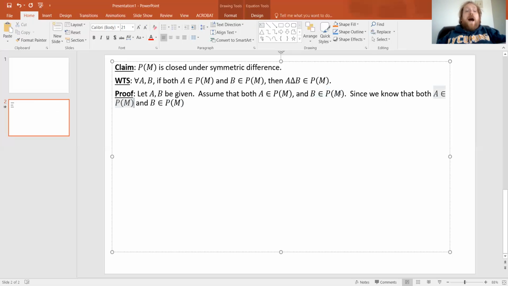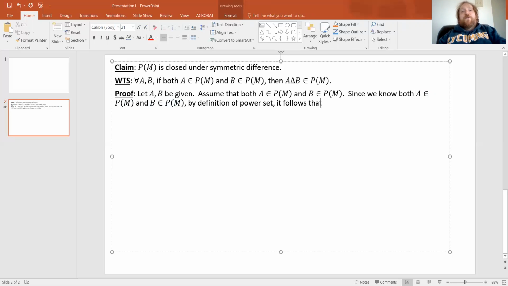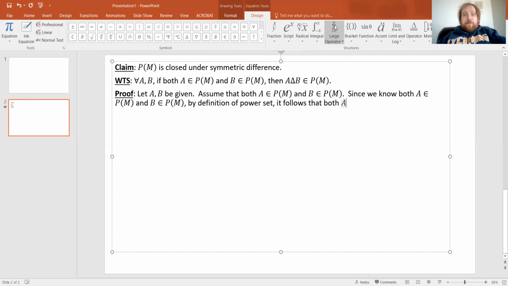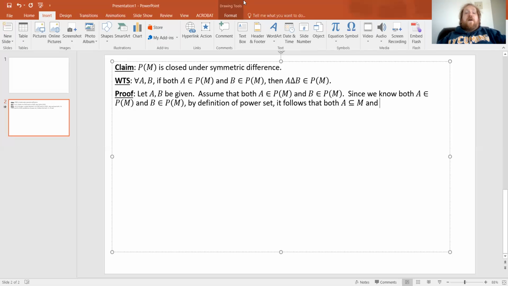To be in the power set, you have to be a subset of M, because the power set of M is the set of all subsets of M. So by definition of power set, it follows that both A is a subset of M and B is a subset of M.